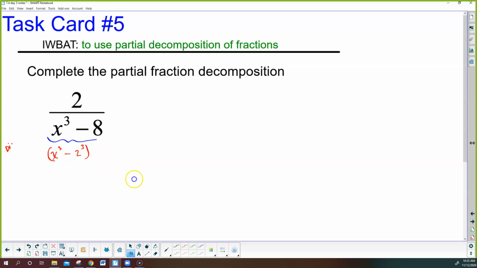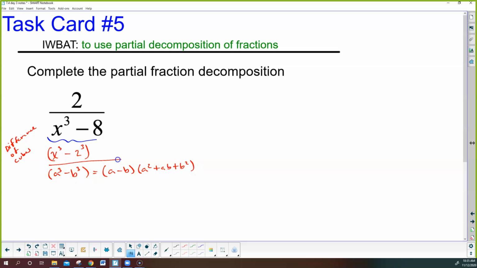This is the difference of cubes. It's a special factoring pattern that we learned, and it was written this way. It says if you have a number cubed plus or minus, in this case it's minus, that's why we said difference, then this factor actually can be written as (a minus b) times (a squared plus a times b plus b squared).